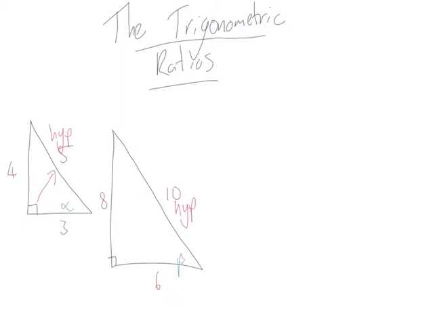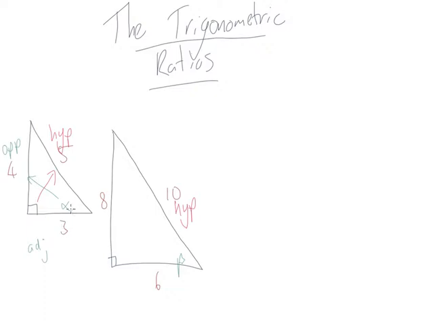Other sides we label in terms of the angle. So in terms of the angles I've got here today, I'm looking at alpha here. Opposite alpha, I'm going to call that the opposite. And next to alpha, I call the adjacent. Adjacent is a fancy word for next to. So two things are adjacent, they're next to each other.